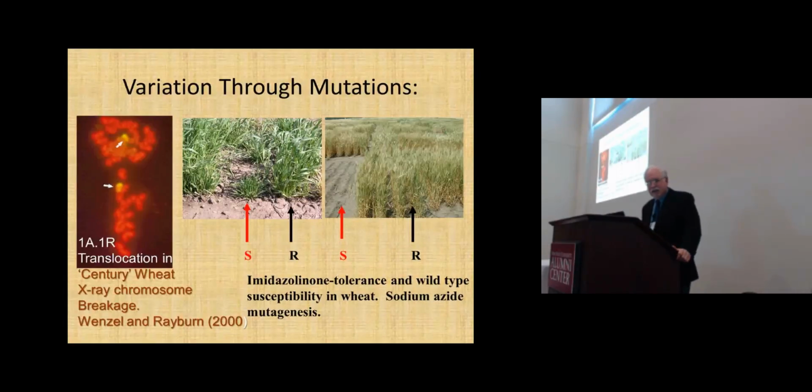One's chromosomal breakage. And so this happens to be, if you can see the yellow, that's 1RS, okay, added to 1AL. So you have on chromosome 1A of wheat, you take off the short arm and you put in the short arm of rye from the homologous chromosome.